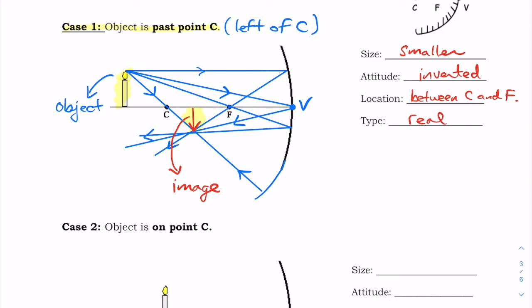So remember, we're breaking this up into cases. And it turns out that these properties of the image will always be true for case 1. So images formed when the object is to the left of C in a concave mirror will always produce images that are smaller, inverted, between C and F, and real.